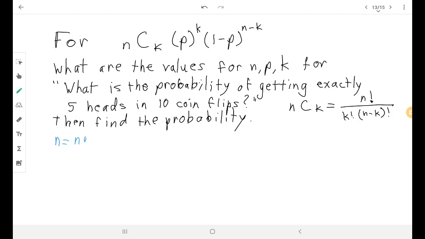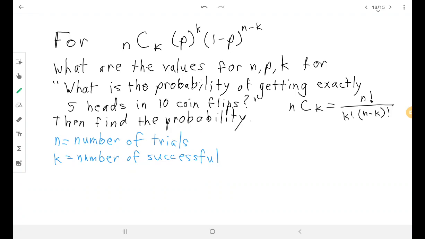N is the number of trials. K is the number of successful trials that we want to get out of this.